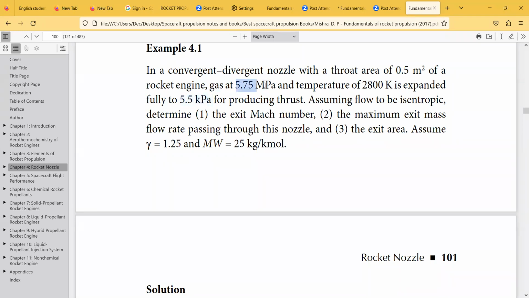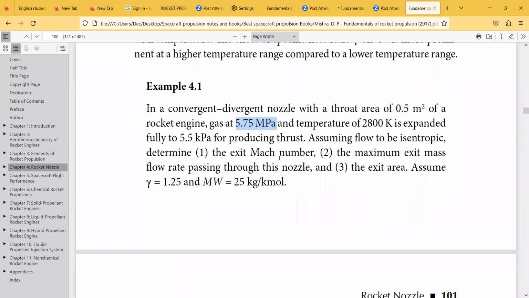Don't forget the unit consistency. So this is 5,750 kilopascal, and this is 5.5 kilopascal. So you see the pressure difference. At the inlet it is 5,750 kilopascal, but at the exit it is 5.5 kilopascal.